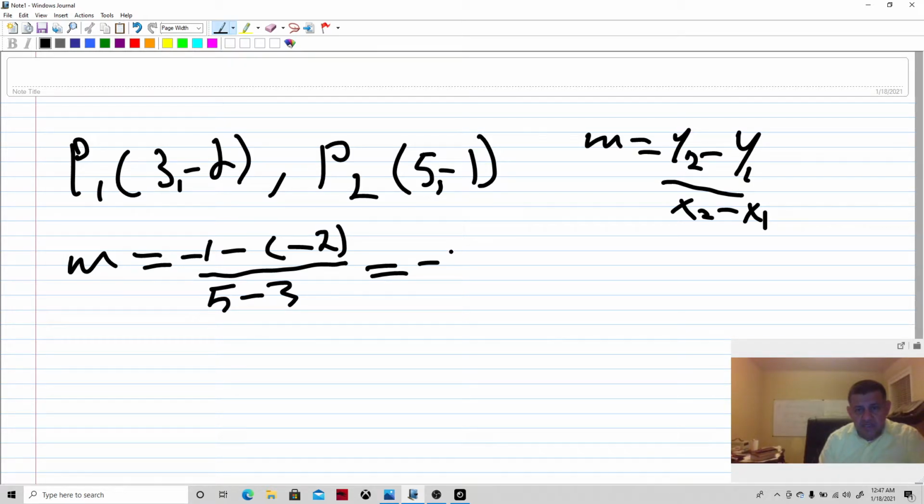So it becomes negative 1 plus 2 over, and then we do the bottom, 5 minus 3 is equal to 2, right? Which at the end is equal to 1/2. So that is the slope.